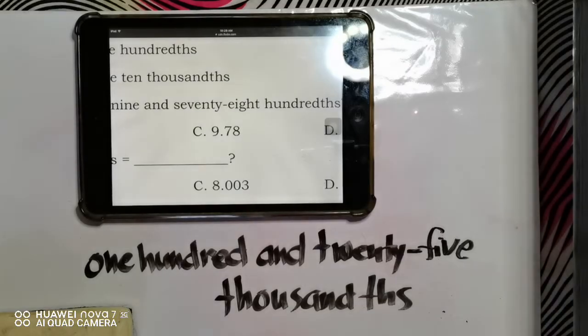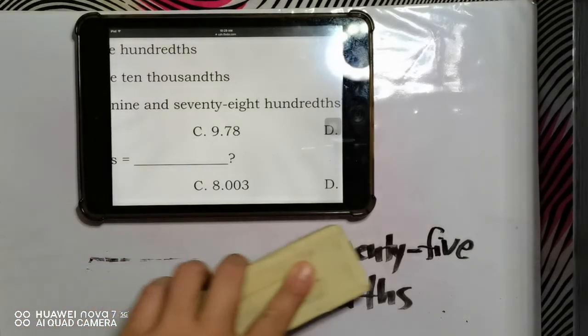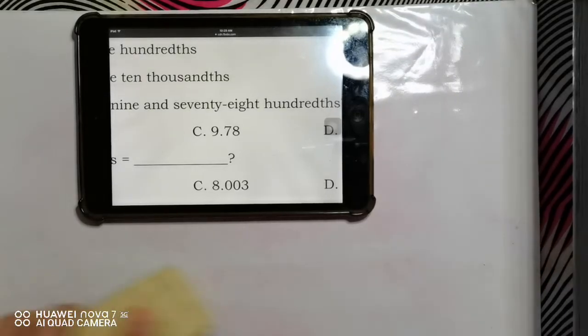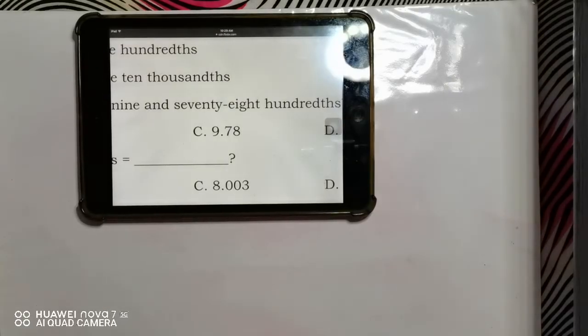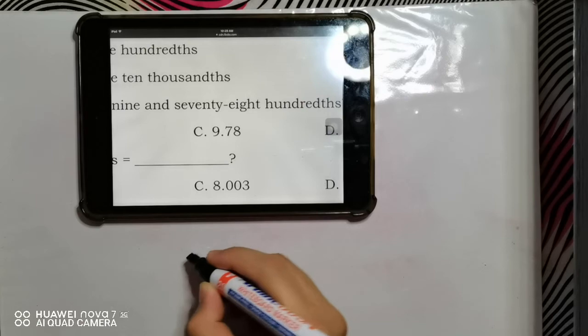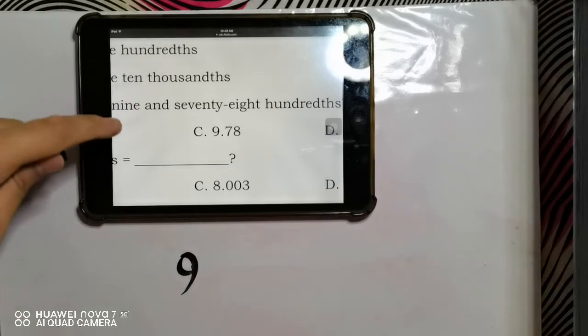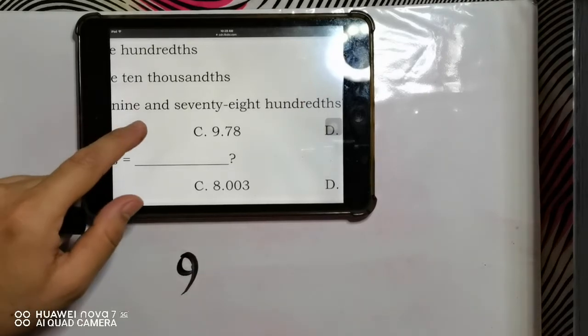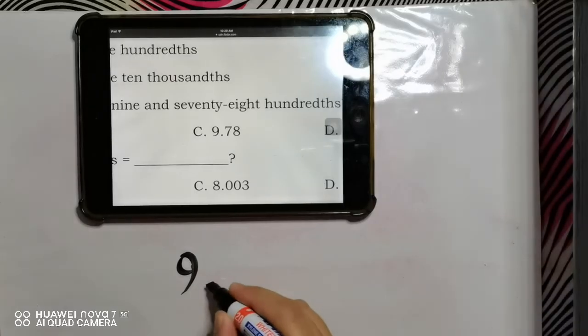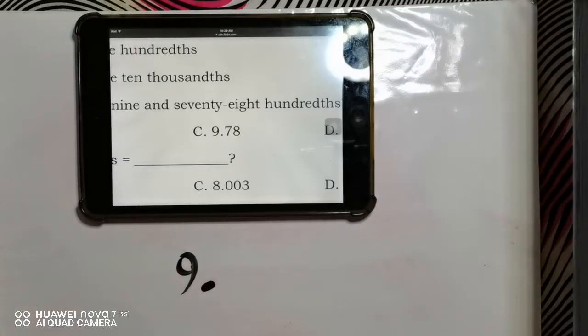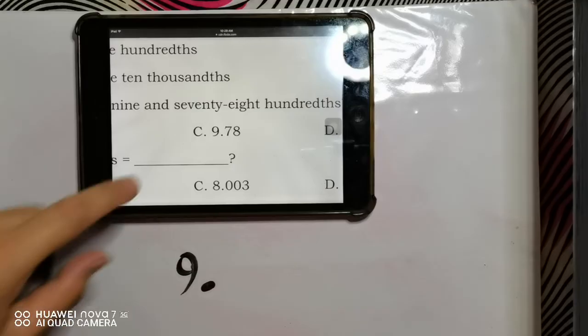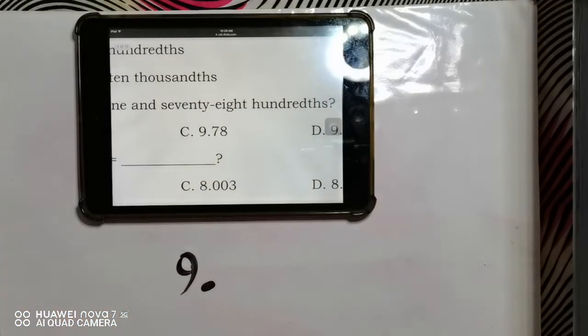Okay, ang gagawin mo lang is, first you have to write them into numbers. Isa-isa lang, huwag ka magmadali. Sabi, 9. Diba? Since that is 9, sulat mo lang yung number na 9. Kasi 9 lang naman eh. And then, sabi ay "and". So, that is decimal point. Ayan. Sabi dyan, 78 hundredths.